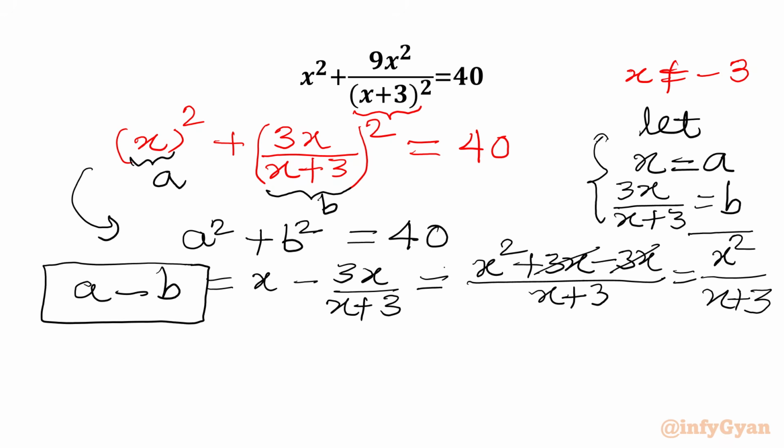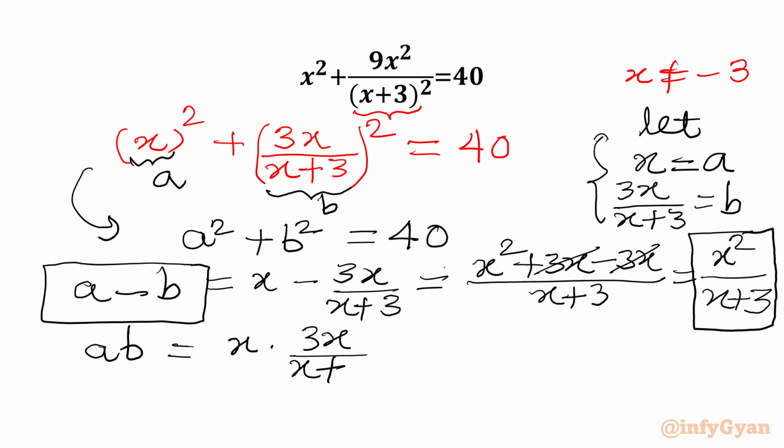Now we will find a times b also. Let's check what will come out. If I write here a times b, this will be equal to x times 3x over x plus 3, which will be equal to 3 times x square over x plus 3.